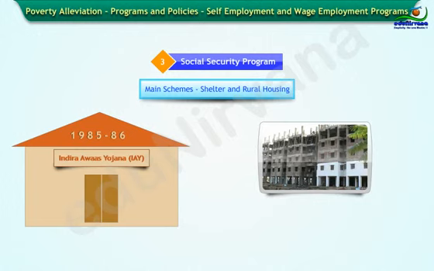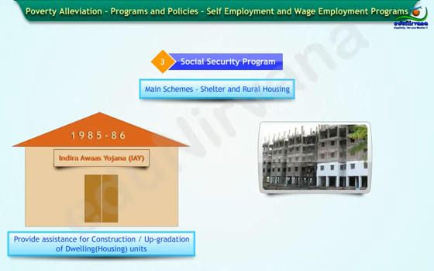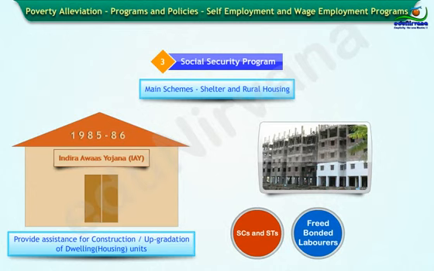IAY has been in operation since 1985-1986 with the basic aim to provide assistance for construction or upgradation of a dwelling, that is housing units, to the scheduled castes and scheduled tribes and freed bonded laborers and non-SCs or STs living below poverty line in rural areas.